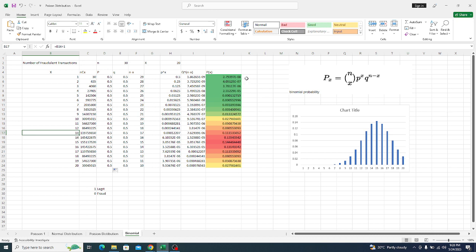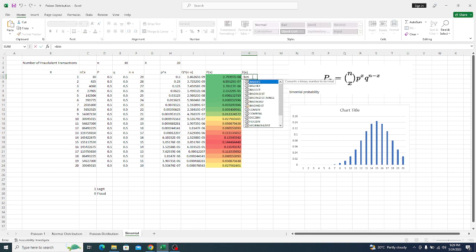Okay, yes, now that's the manual way. We also have the Excel function way. So we are going to find the function of x. With that, we usually use binomial distribution, and you can see for binomial dist, it returns the individual term binomial distribution.